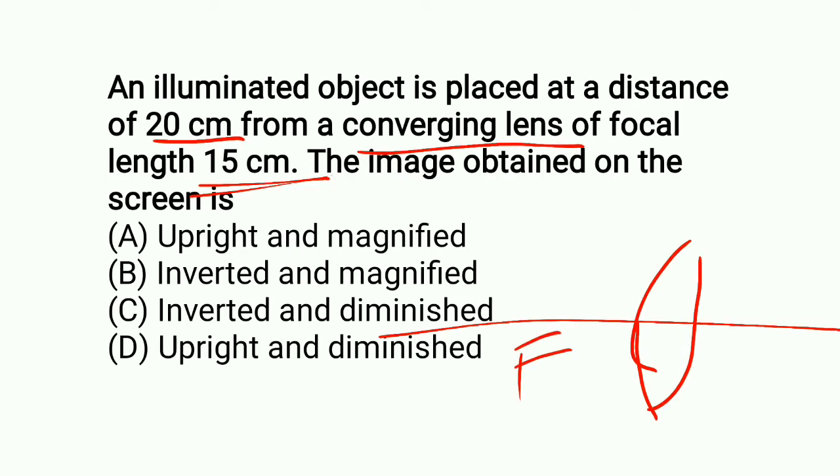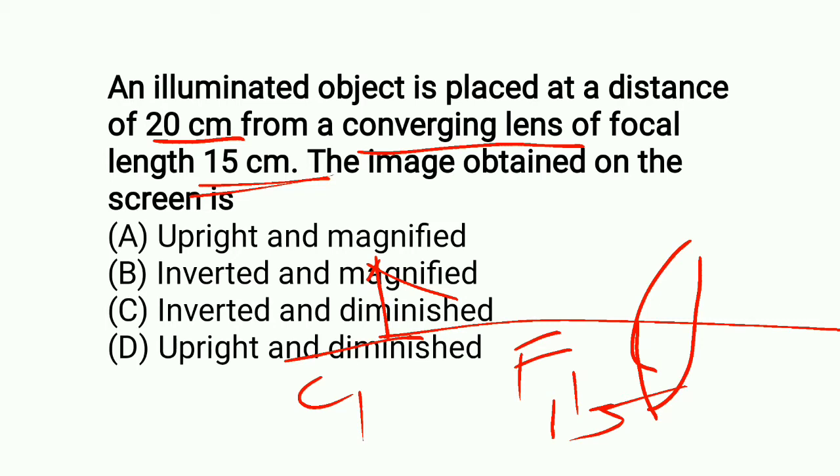So let us suppose that this is the focus first and this is center of curvature first, and the focal length is 15 centimeter. Okay, now the object is kept at the distance 20 centimeter. Let's suppose that the object is here. It means the object is kept between center of curvature and the focus.